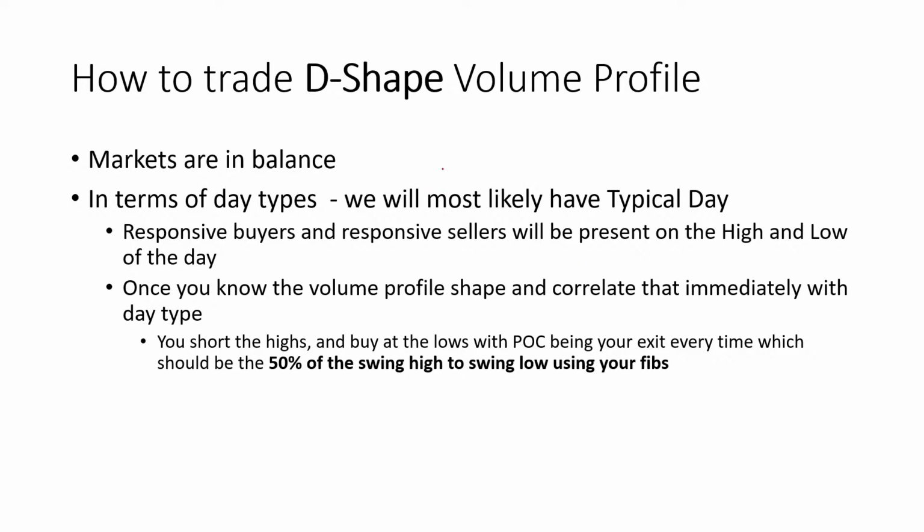Usually from a typical day, you can go to an extended typical day, and you don't want to be caught long on the bottom in those hours, and then they just break through it down, and you have a losing trade. So usually between 2:30 and 4, you want to stop trading the typical behavior of being a responsive buyer on the bottom, seller on the top. Does that make sense?